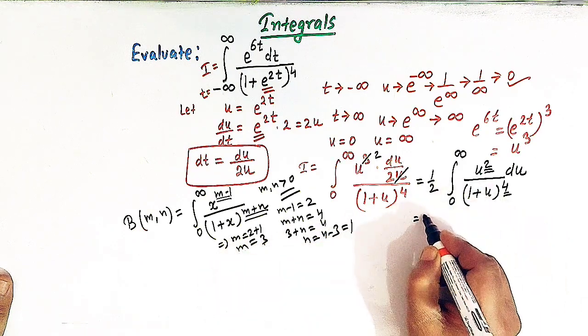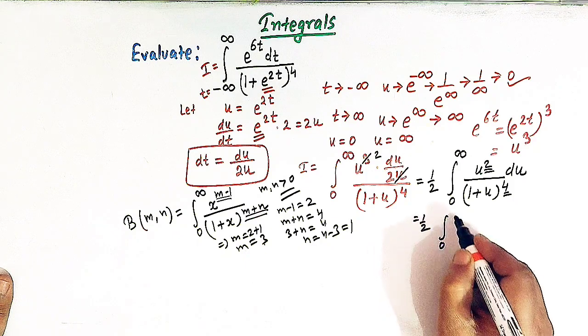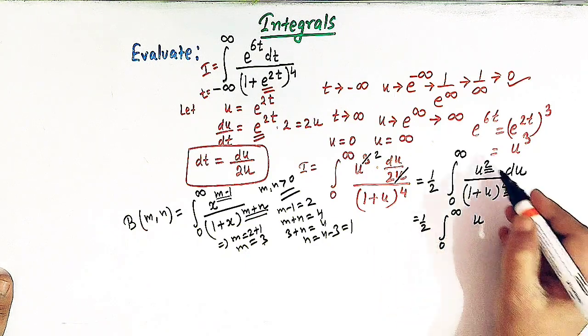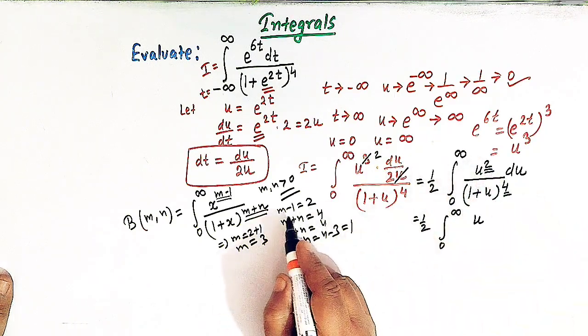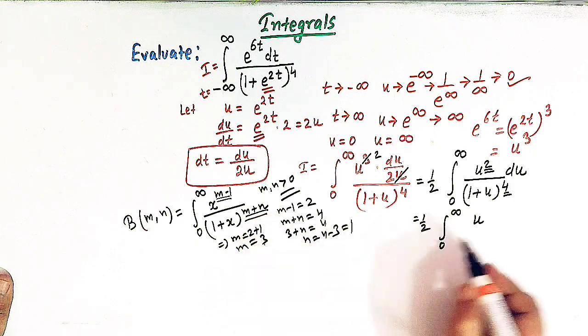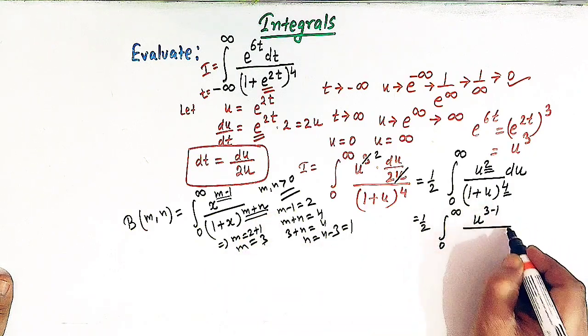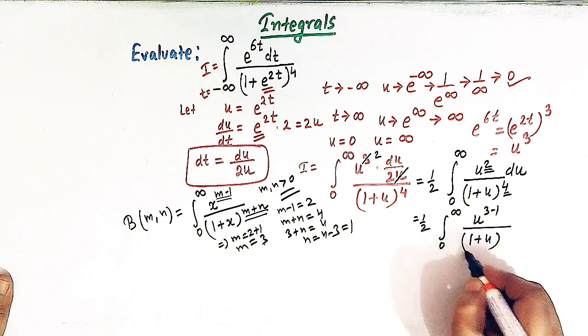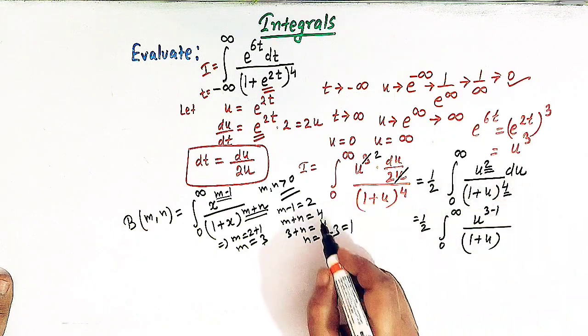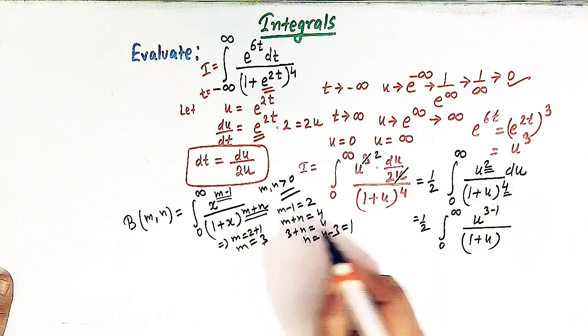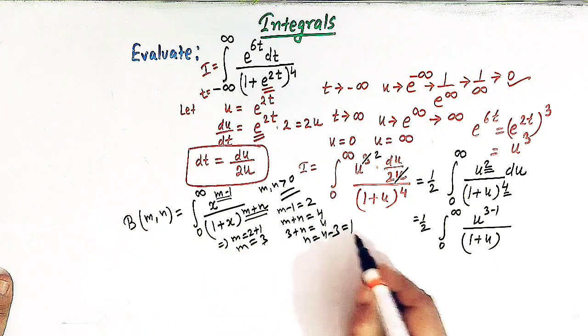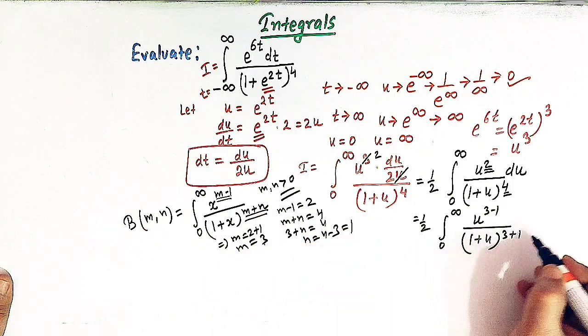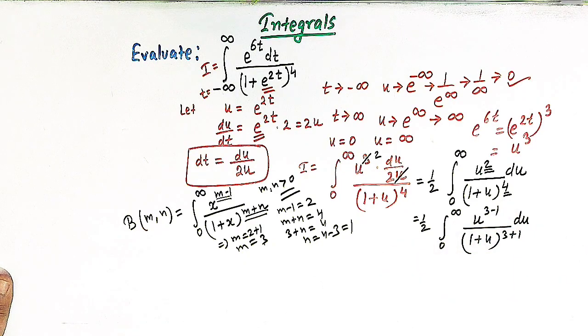So now we can write this integral as 0 to infinity, and u square can be written as u raised to m minus 1, m is 3, so we have 3 minus 1, and here we have 1 plus u raised to 4, and 4 can be written as m plus n. m is 3, n is 1, so here we have 3 plus 1, right?